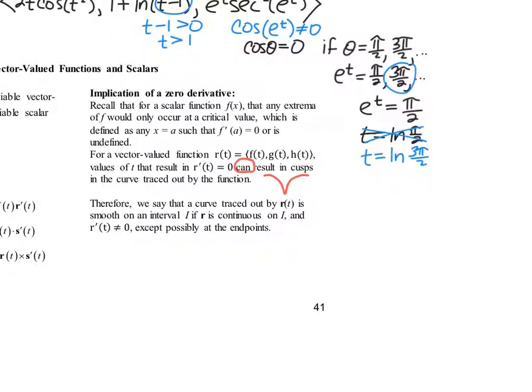Therefore, we say that a curve traced out by r of t is smooth on an open interval I if r is continuous on I, and the derivative is not equal to 0 except possibly at the endpoints. So we may not be looking at something that's smooth if the derivative is equal to 0. This is kind of like the opposite, not the direct opposite, but it has opposite parts to it from the first derivative in function-based calculus.